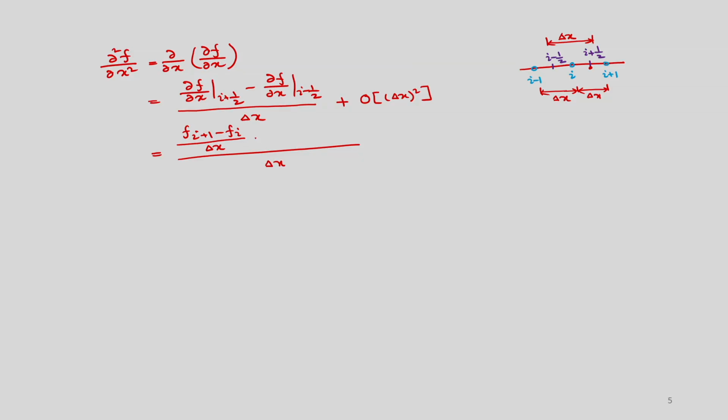So, what will be the order of accuracy? It is delta x square, and minus del f by del x about point I minus half. So, about this point you take the central difference approximation. So, you will get f I minus f I minus 1 divided by delta x, and these two approximations also are delta x square, earlier it was also delta x square.